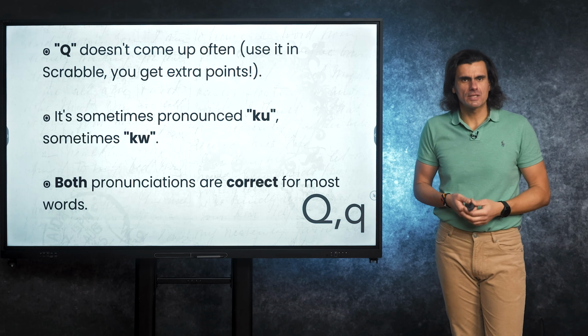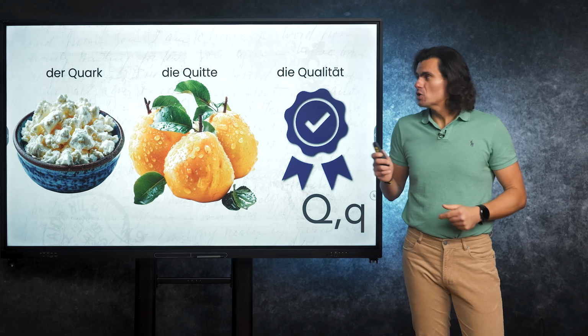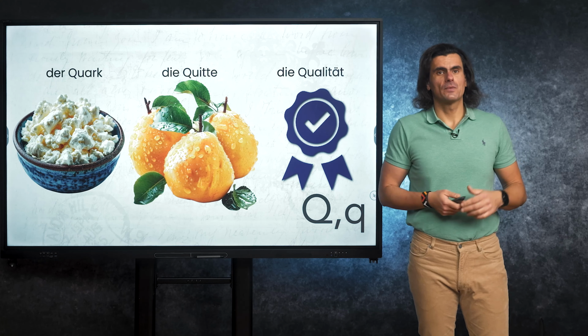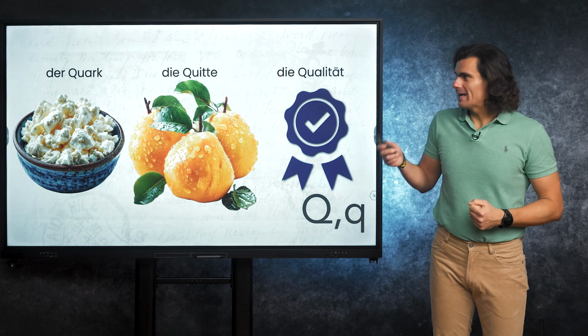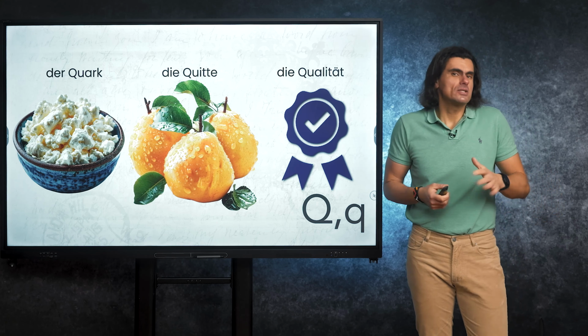Zum Beispiel. Zum Beispiel means for instance. Zum Beispiel der Quark, cottage cheese. Der Quark, but some Germans, for whatever reason, sounds strange to me, but they say der Kvark. When you say der Kvark, you have to move your mouth a little bit too much. It's almost like eating. Or die Quitte, that's that sort of fruit.